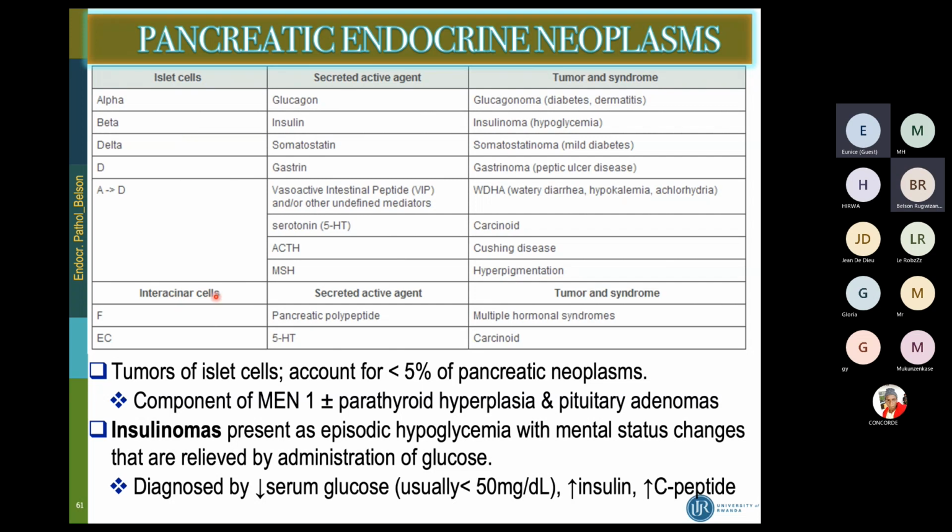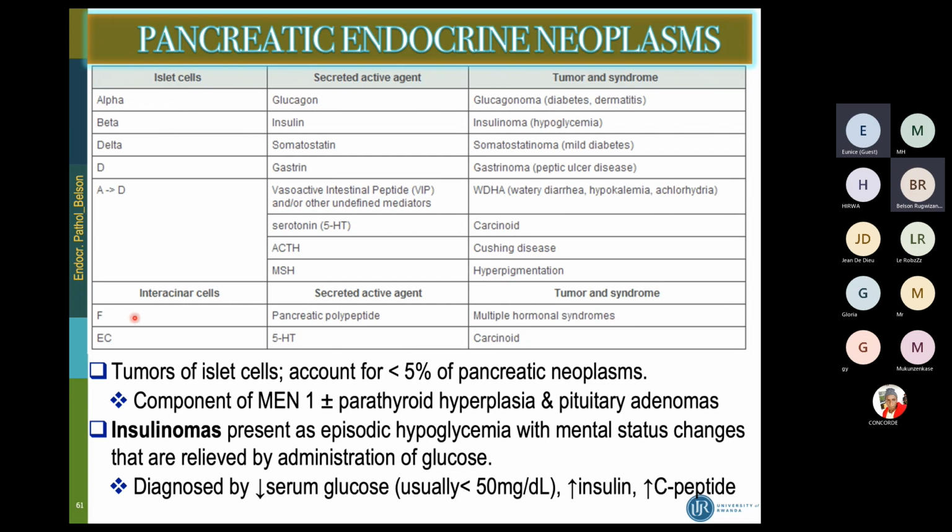The interacinar cells are neuroendocrine cells which are not in the islets. They are between the acini of the exocrine pancreas, but these cells themselves are endocrine, they are just not in islets. We have F cells, which produce pancreatic polypeptide, and when there is a tumor from these cells, they will produce multiple hormonal syndromes.